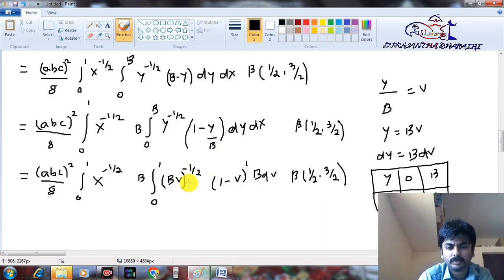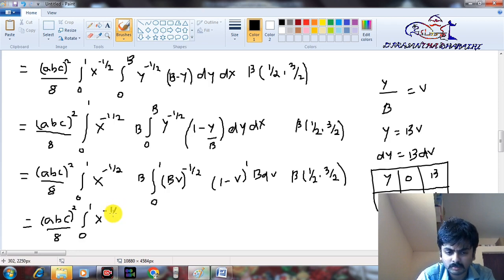So if I take this, here we are having b square minus 1 by 2, so I am having (abc)² divided by 8 integral 0 to 1 x power minus 1 by 2, b square minus 1 by 2, that is b power 3 by 2.